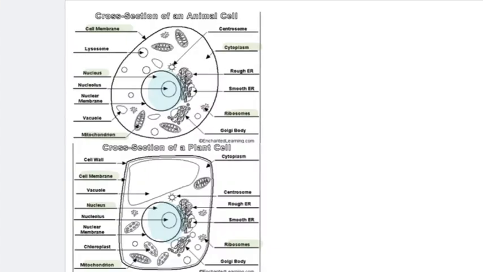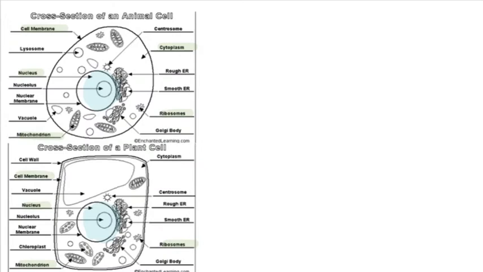Next slide. Here are some other cells. Now these cells are generalized cells, and we might have drawn them much more simply than this.